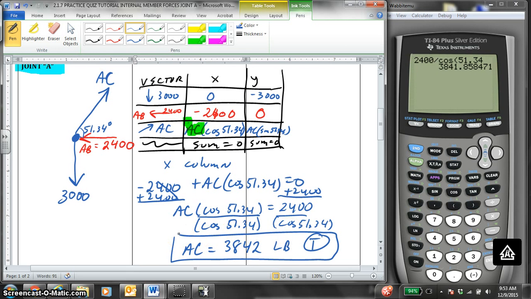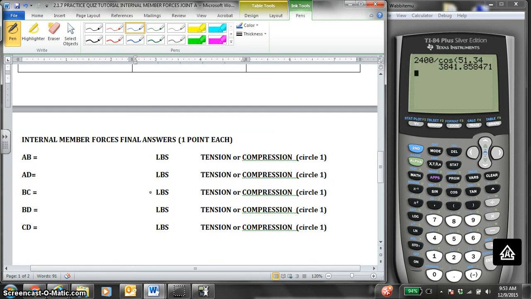So from the 2 videos, we have solved for all 5 members. Let's just sum it up over here. AB from the previous work is 2400 pounds compression.